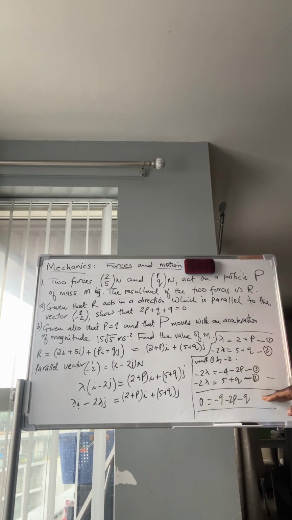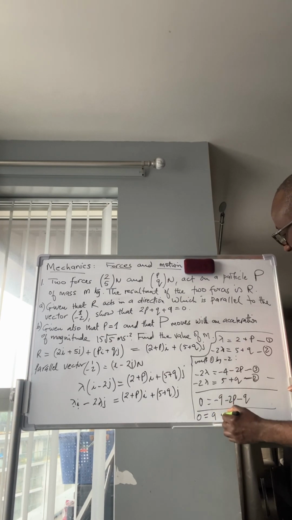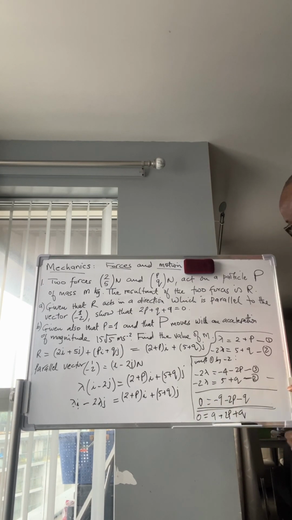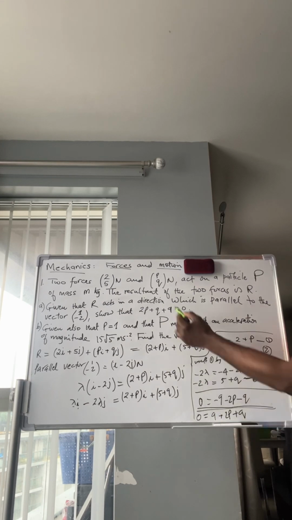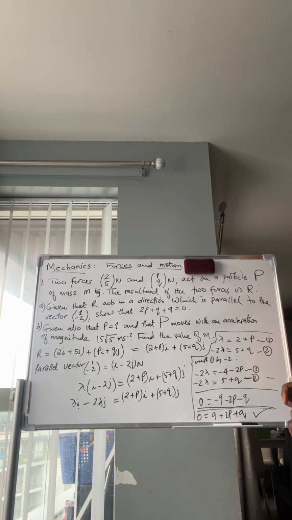If I multiply by minus 1, 0 times minus 1 is still 0. So minus 1 times minus 9 is going to be 9 plus 2p plus q. And then just rearrange, your 2p comes first, plus q plus 9 equals 0. So now this problem is solved.